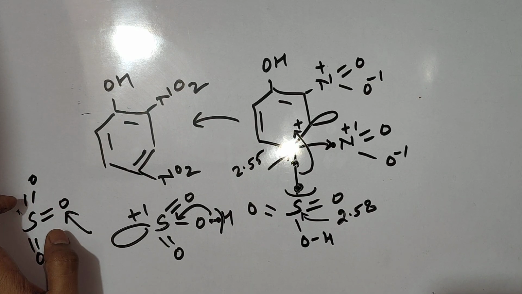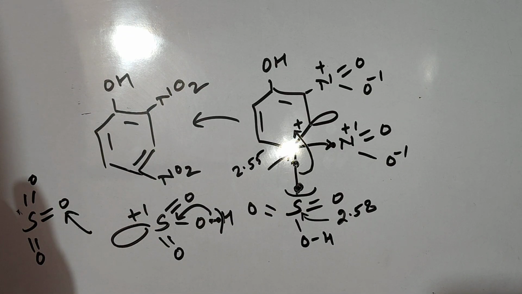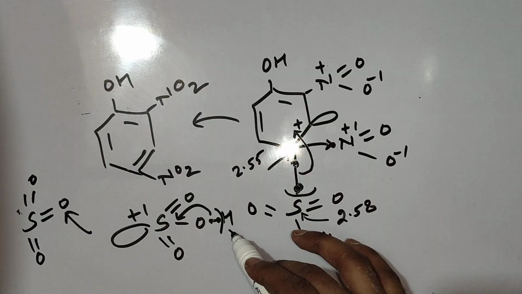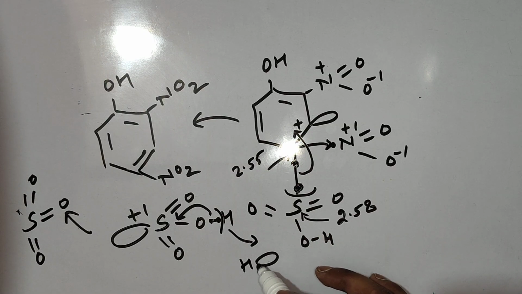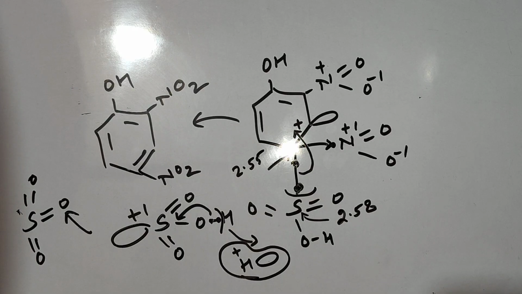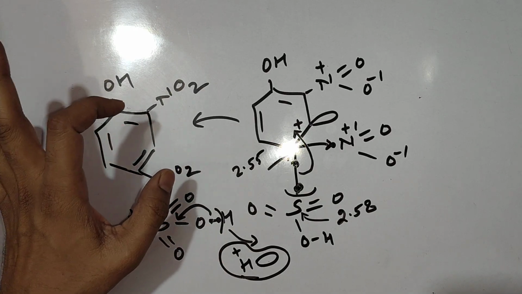Now this sulfur trioxide gas can attack the next phenol particles for the generation of para-phenol sulfonic acid, like that. And what will release out from here? H positive. This H positive.